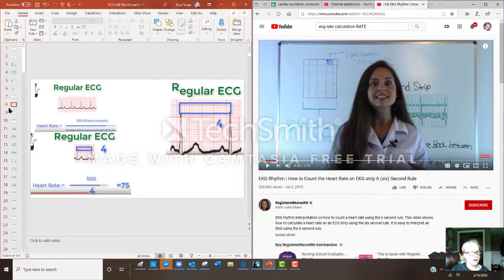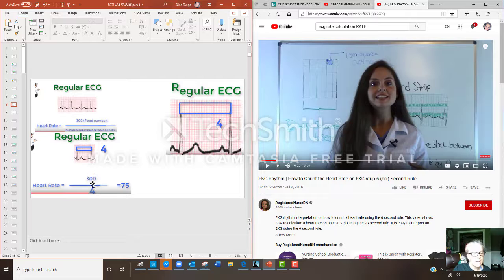For the regular heartbeat, the heart rate is calculated by 300, which is a fixed number if you're using a whole EKG strip, divided by the number of big squares between R and R. So between this R and this R is 4 squares: 1, 2, 3, 4.